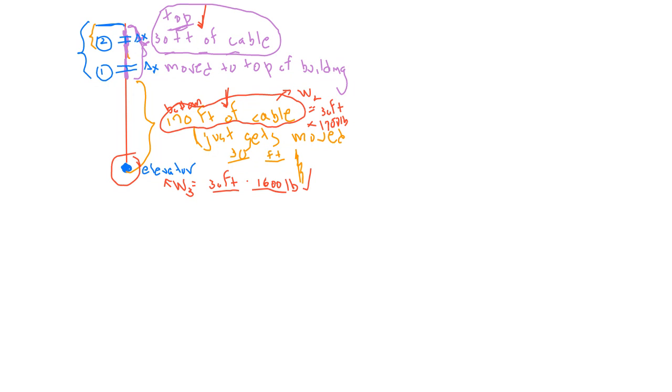What I'm trying to say is that bringing the top 30 feet of cable to the top of the building would require the same amount of work as if we took that top 30 feet of cable, broke it up into little equal pieces, and brought each piece separately up to the top of the building. You see what I'm saying?